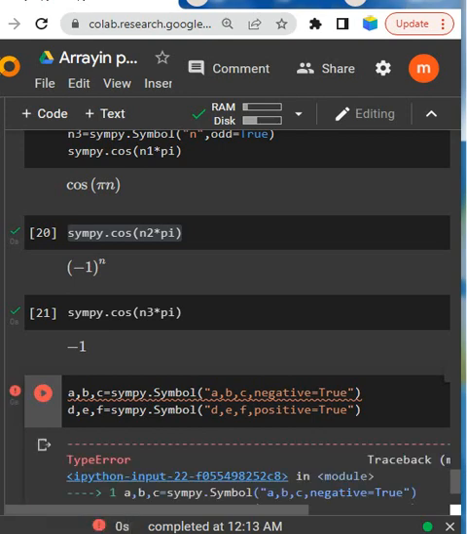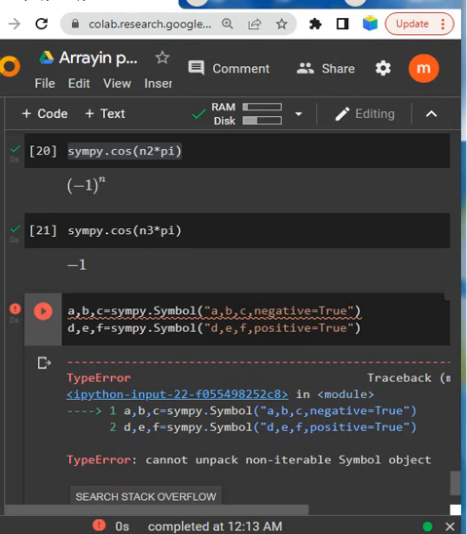So the negative A has been created, and there is an error: cannot unpack a non-iterable symbols object. So using Python tuple unpacking syntax, it looks like this way: A comma B comma C. Let's see.